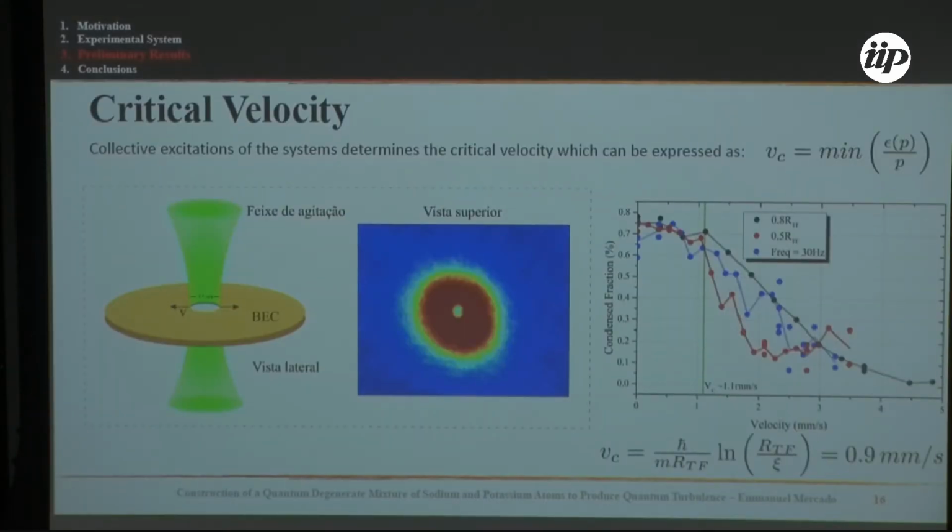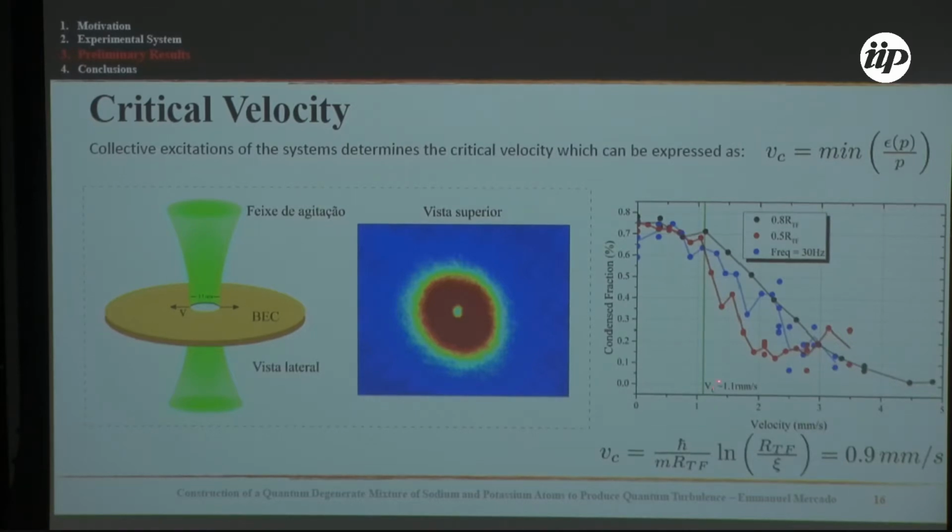Okay, this is the measure of the critical velocity that we do by moving this beam with different frequencies and different amplitudes. So we can see, as Ellen showed in his presentation, that we have two regimes: when we introduce a low velocity into the system, we cannot create excitation, like here, which is the condensed fraction of the atoms.